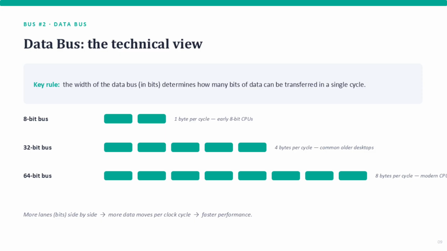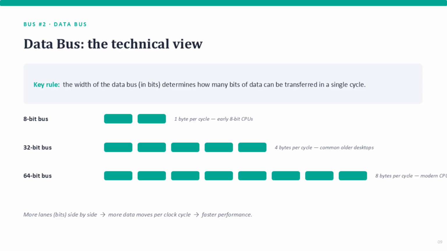Notice what happens as the width increases. The CPU doesn't necessarily become smarter. Instead, it can move more information at once. Imagine filling a bucket using a narrow pipe and then using a much wider pipe. The wider pipe fills the bucket more quickly because more water flows at the same time. Similarly, a wider data bus allows more bits to move together during each transfer.